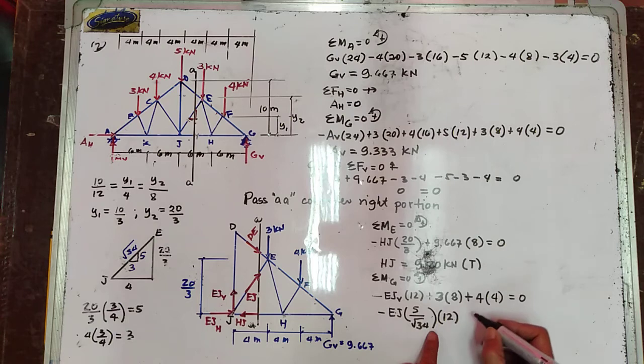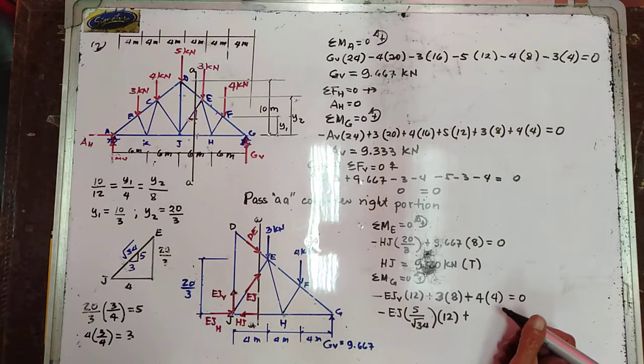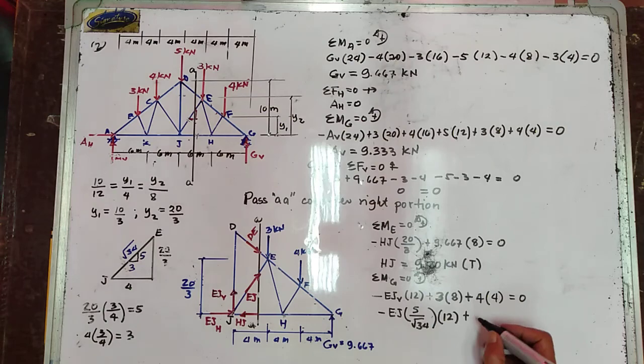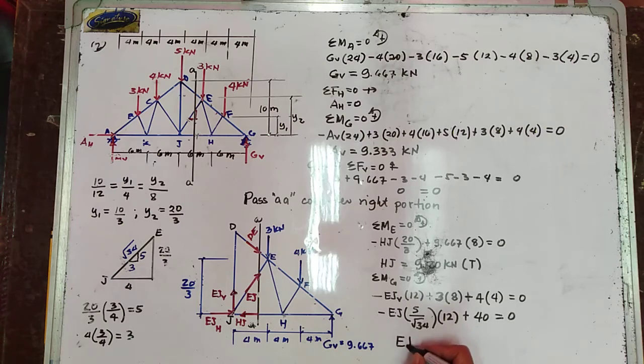Multiply this one by 12, plus 24 plus 16. So that is equal to 4t. So that plus 4t is equal to 0. Hence, the value of EJ is now equal to 3.887 kilonewton. We get a positive value, hence EJ is in compression.